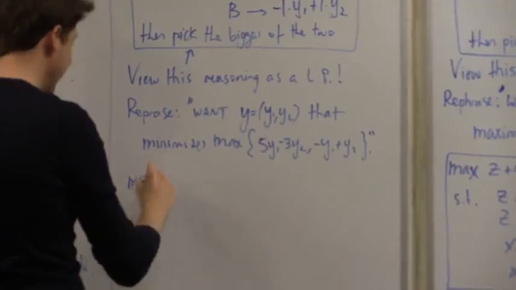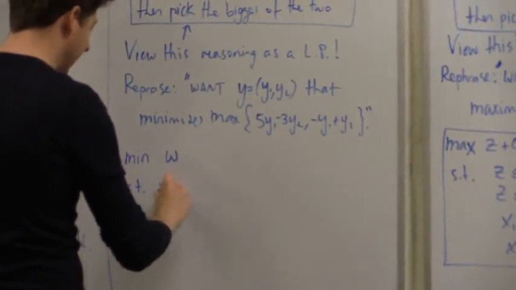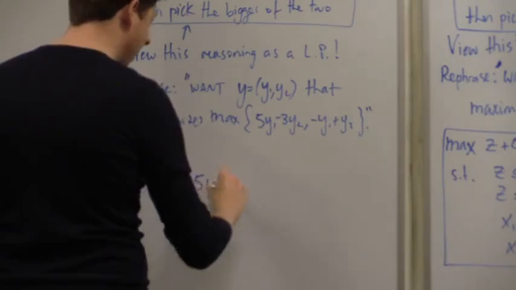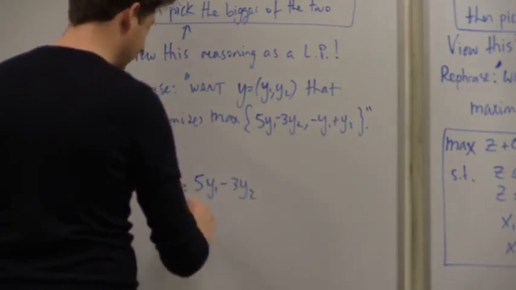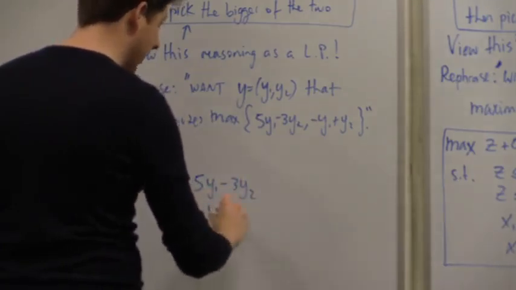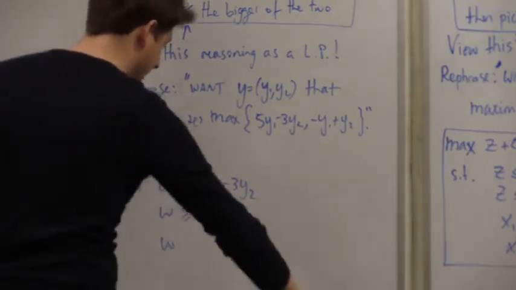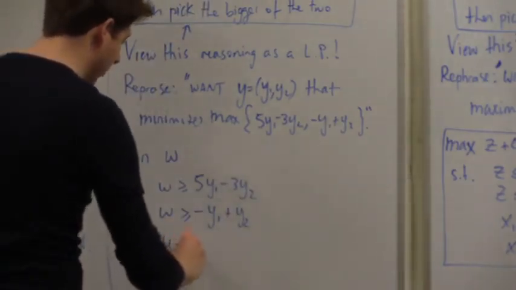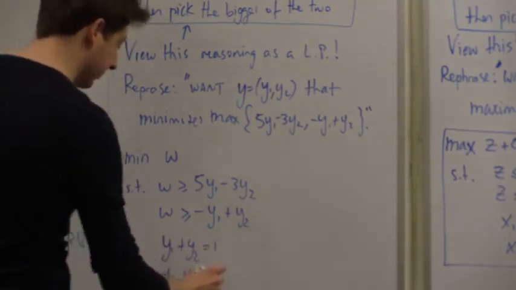So we're going to minimize w such that w is at least 5y1 minus 3y2, and w is at least minus y1 plus y2. And then we also have to ensure that y1 and y2 are a probability distribution by saying y1 plus y2 is 1, and y1, y2 are greater than or equal to 0.